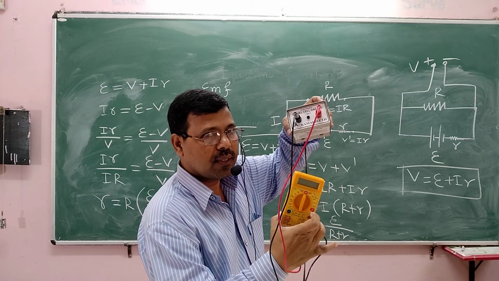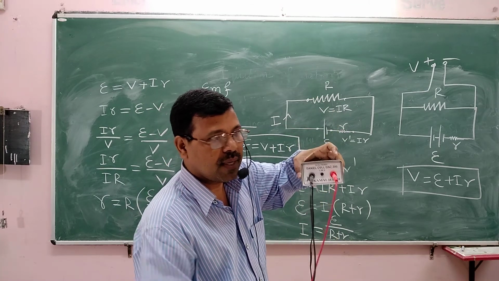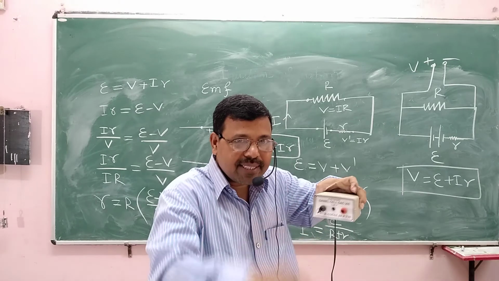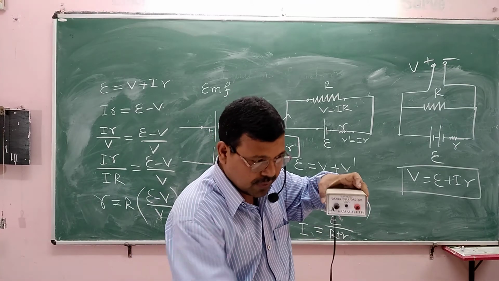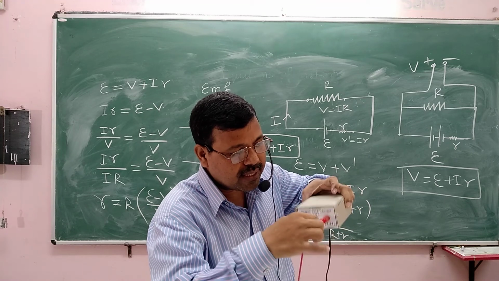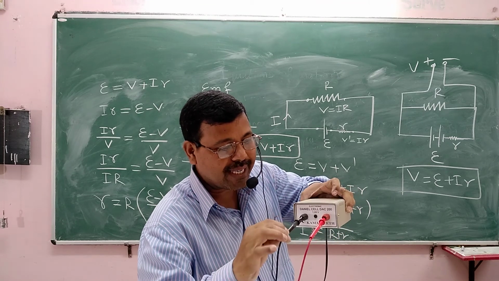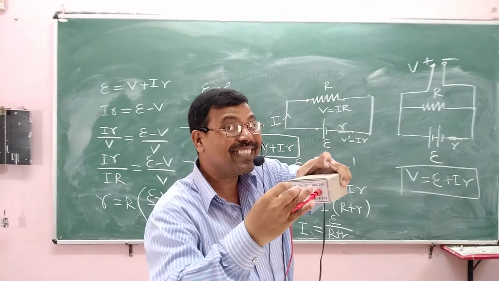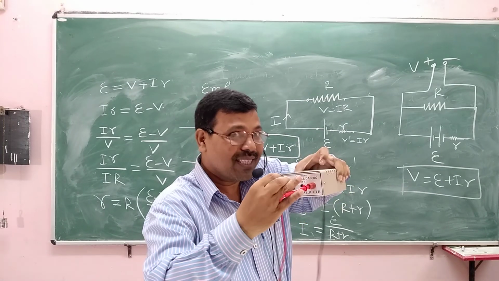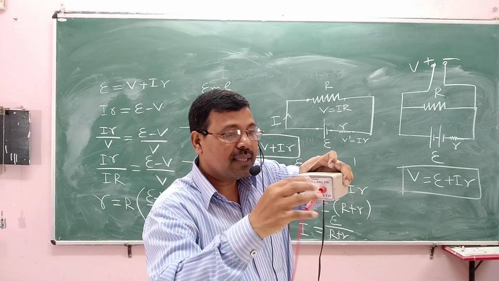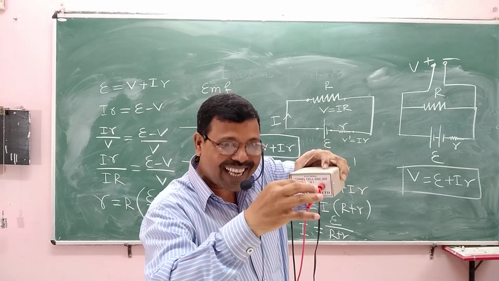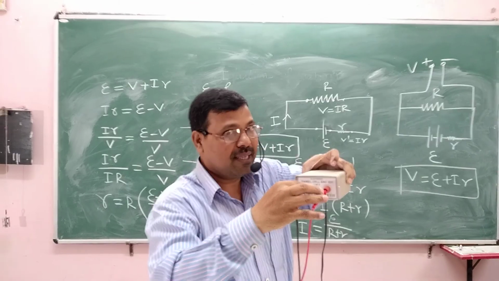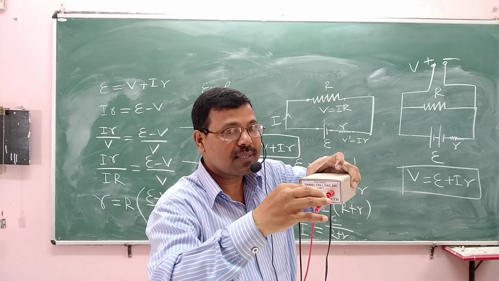This gives the EMF of the cell. When this cell is connected in the circuit, if you connect the multimeter here, that time it gives the potential difference. When the cell is in the open circuit, it gives EMF. When this cell is in the closed circuit, it gives potential difference.